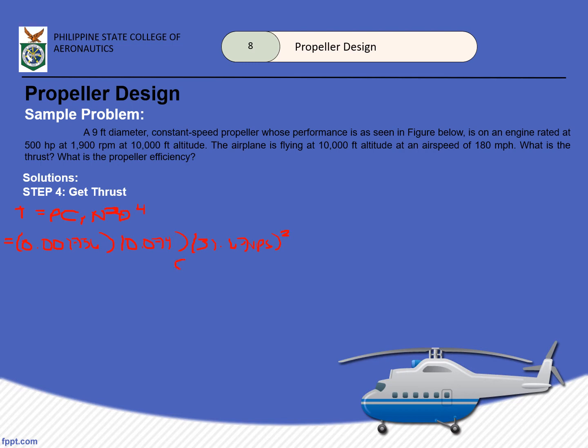Multiplied by the diameter, 9 feet, raised to 4. Putting that in our calculator, we get our thrust to be 855.1108 pounds.